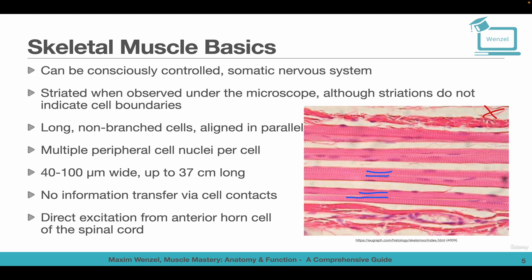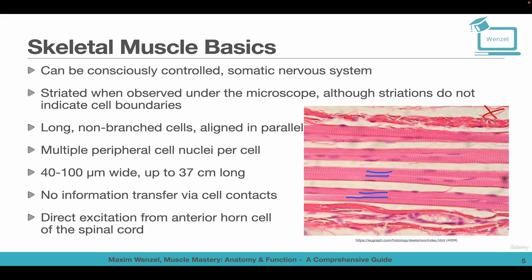This is very important, which you can note. And the muscle itself is up to 30 to 70 centimeters long, so one muscle, which is pretty long, as for example in the leg, and 40 to 100 micrometers wide.